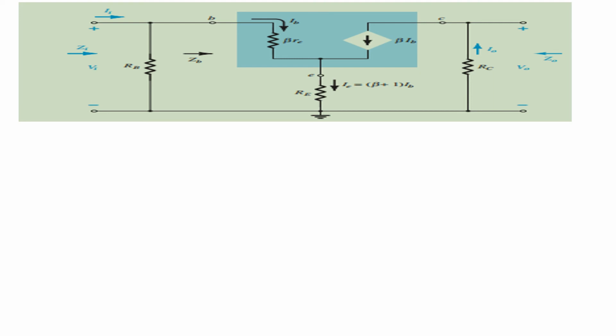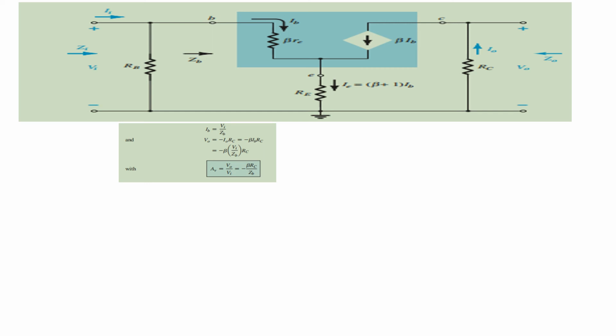Now about the voltage gain. Your input current IB is the ratio of Vi upon ZB, where ZB is beta times re plus Re.